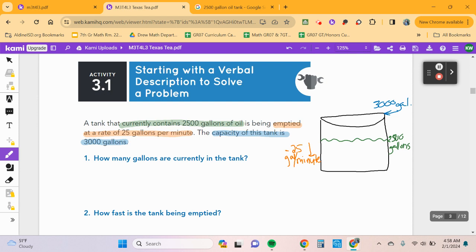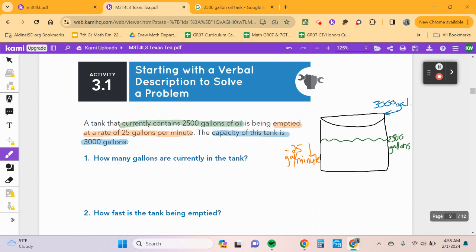And the rate that it's being emptied, which tells us in the description, is 25 gallons per minute. And think about it, if it's being emptied, are we adding or are we subtracting? Right, we are subtracting. So it's going down 25 or negative 25 per minute.